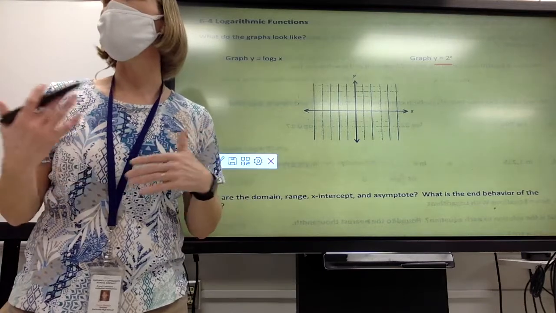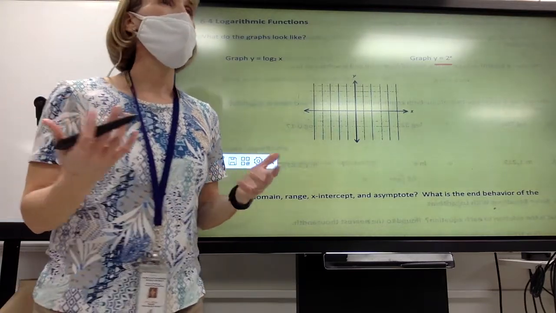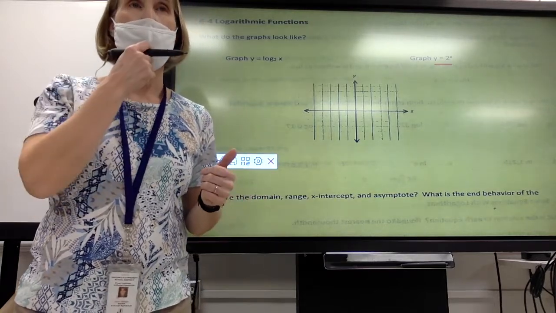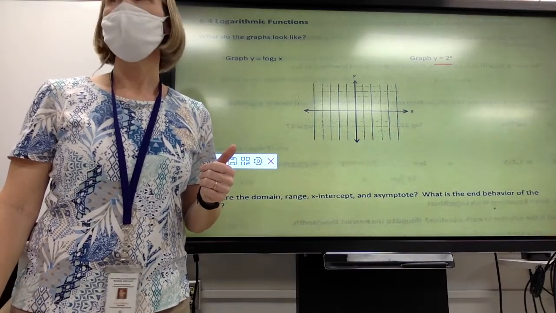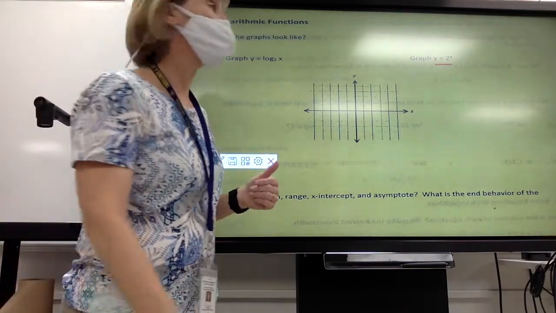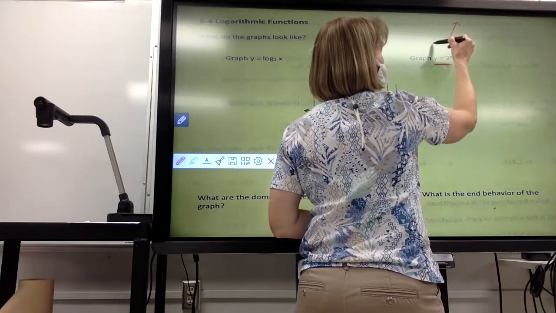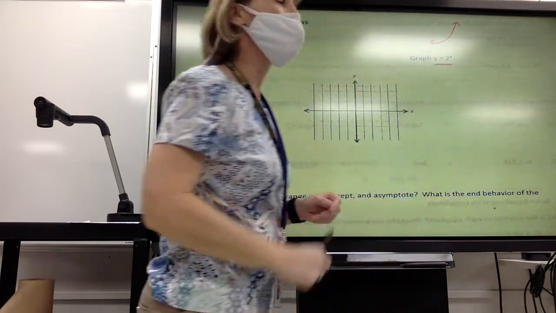Is it going to be a curve? What's it going to look like? Go back and look at the front of your packet. Oh, a curve. It is going to be a curve, right? Since this is a value greater than 1, it's going to go like this. It's going to have what I would consider an exponential form to it.